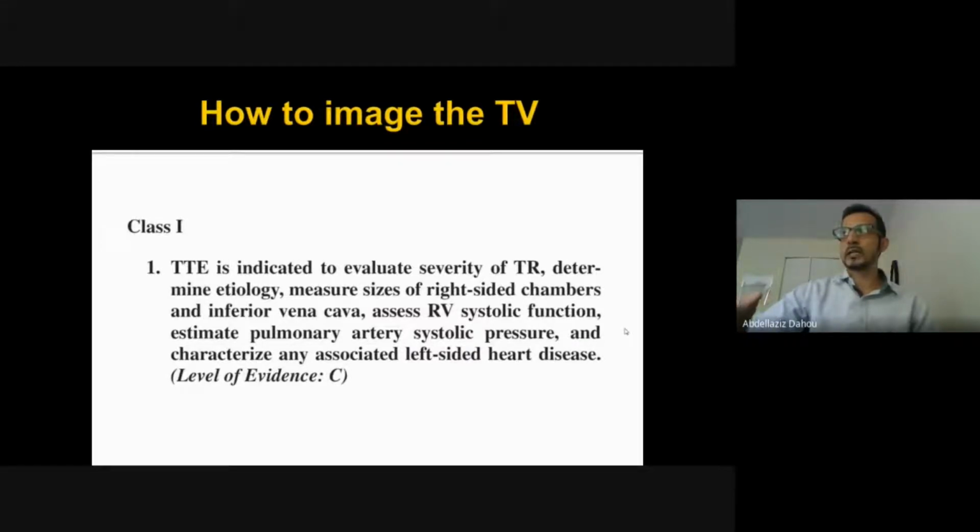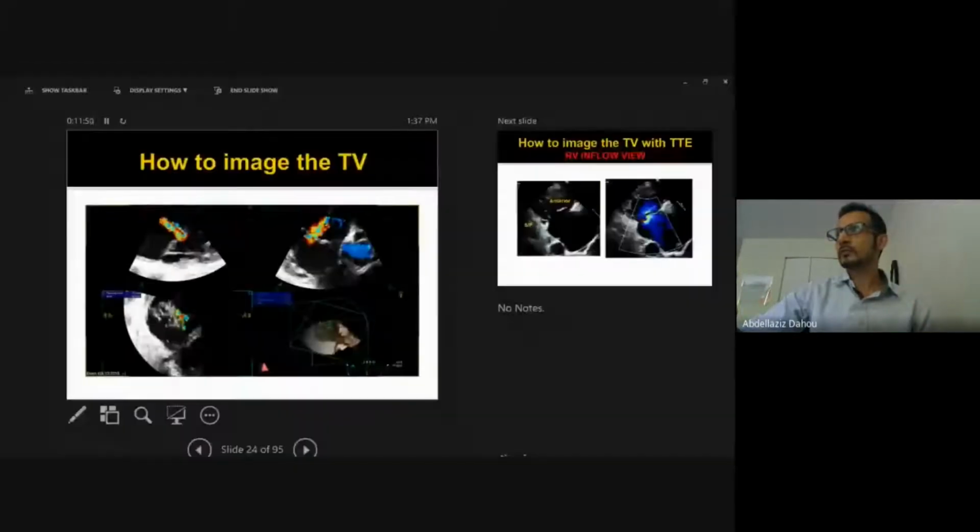But for the diagnostic, the initial modality remains always the TTE. So we start with the TTE, we look at the valve, and if we find something that needs to be investigated more, we go to the TEE. In the recommendations, it's a class 1 to start with transthoracic echocardiography, and then if you think there is something you can do for the tricuspid, you go further with other modalities.